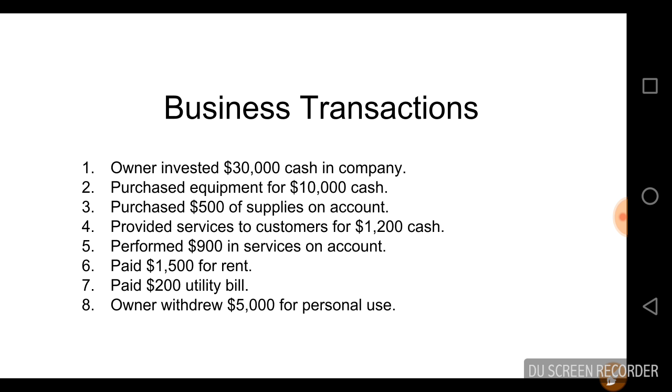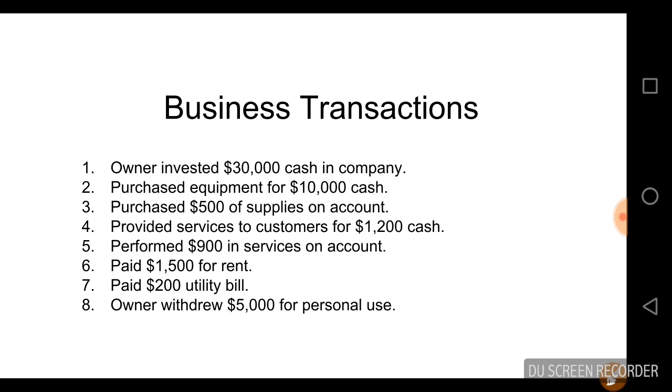All right, here are a few business transactions. We're going to use the expanded accounting equation. We're going to analyze these business transactions. All right, owner invested $30,000 cash in the company.